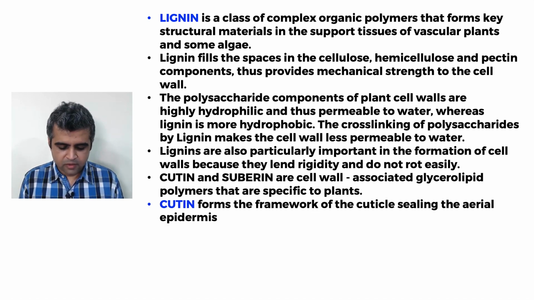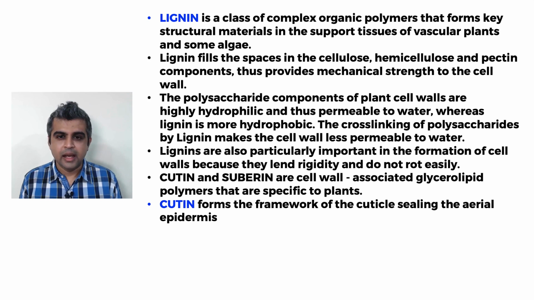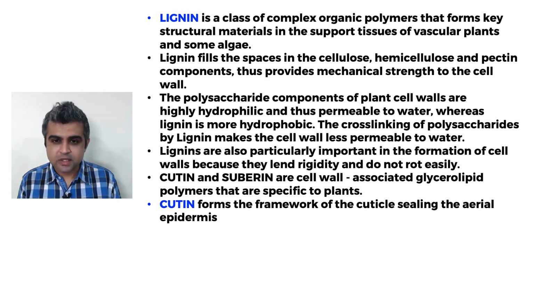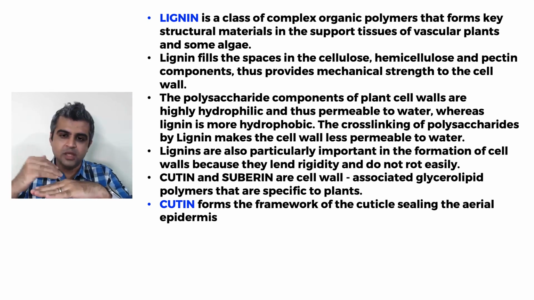Cutin forms the framework of the cuticle sealing the aerial epidermis. I don't know if you have done this in school or not, but leaves on their upper surface, called the upper epidermis, have a waxy substance so that there is no water loss from the upper surface.